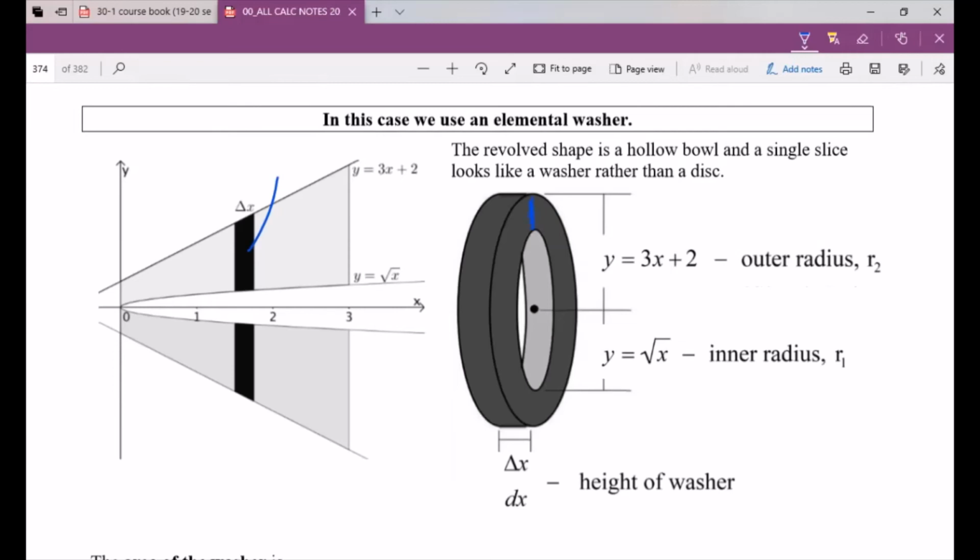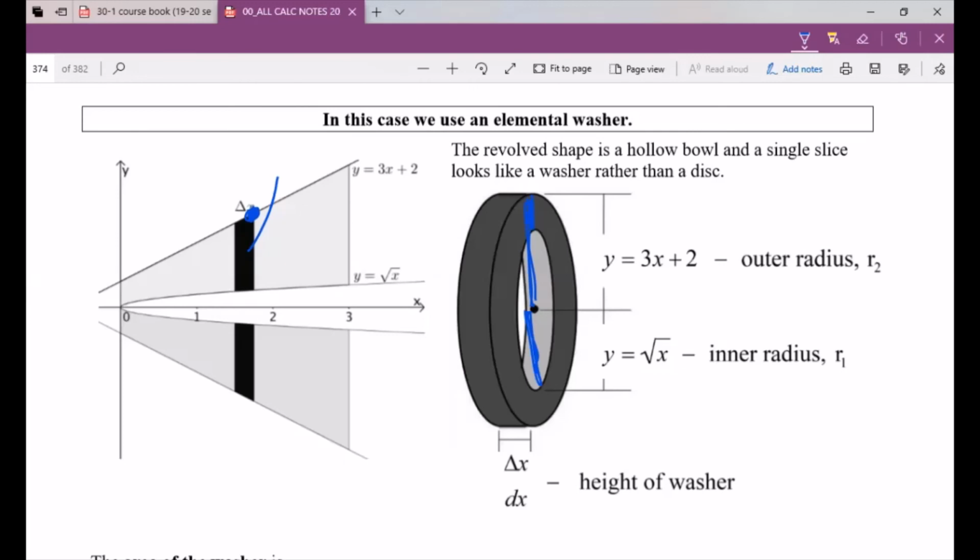We have the outer radius of this washer, which is going to be 3x plus 2. It's going to be that height f(x). We have the inner radius of this washer, which just ends up being the difference between root x and the x-axis.